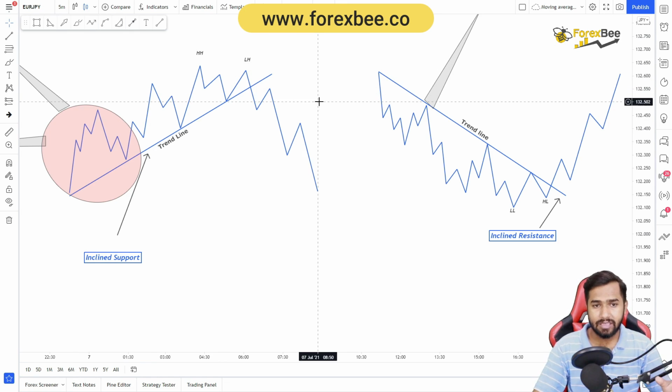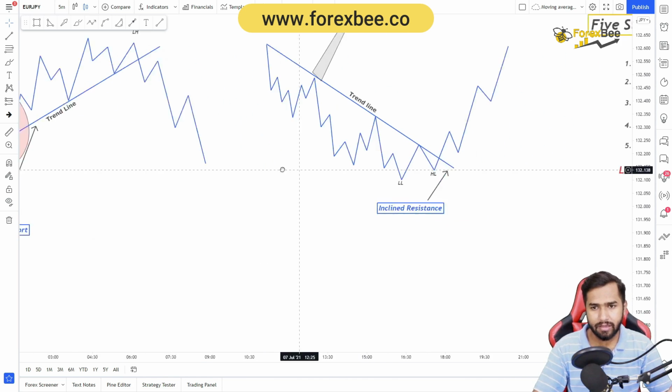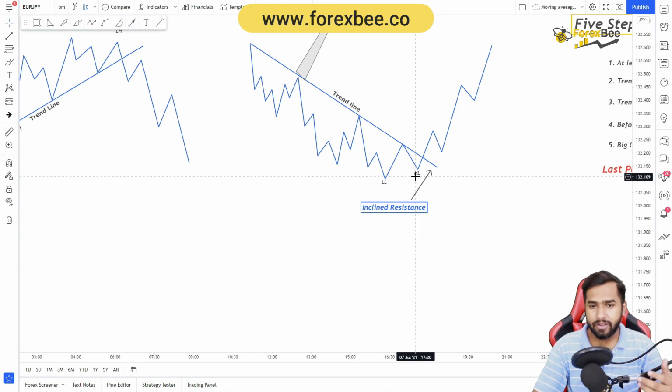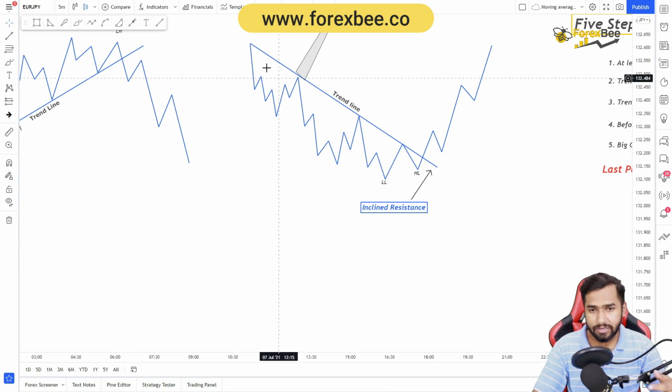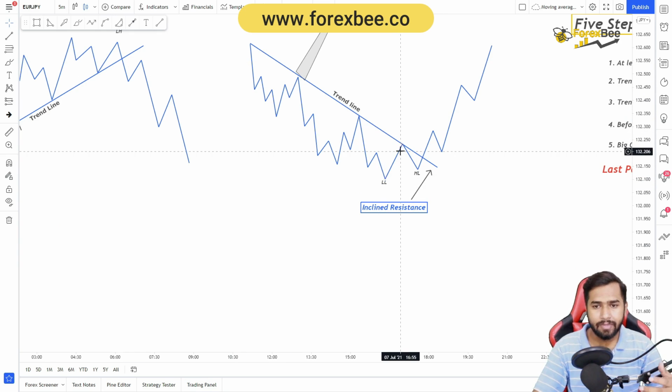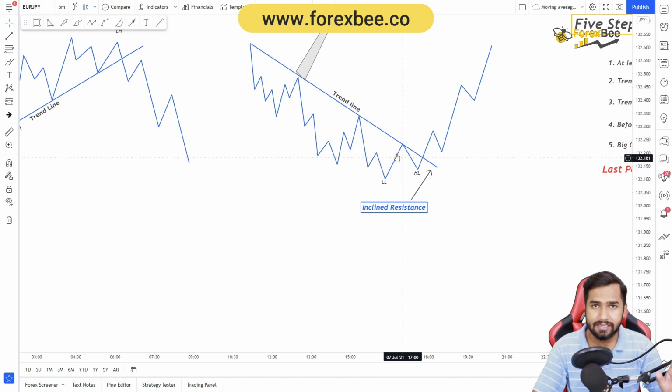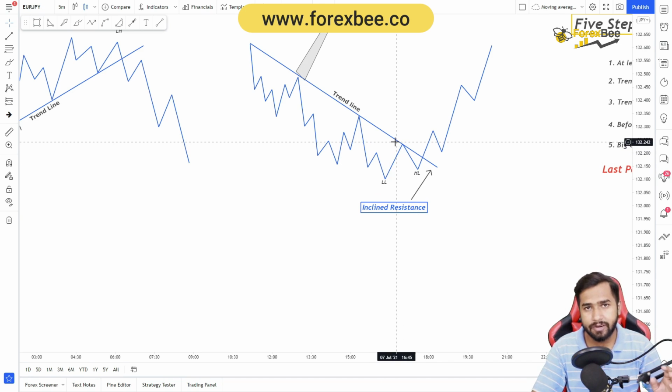Same is the case with a bearish trend. There's a formation of lower lows, and again a lower low and a lower low here. So when you spot a higher low formation during a trend or at the continuation of a trend, that basically means this is a sign that the trend reversal might happen.